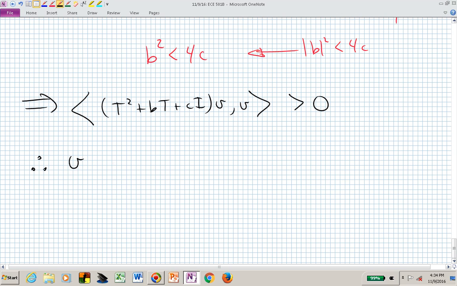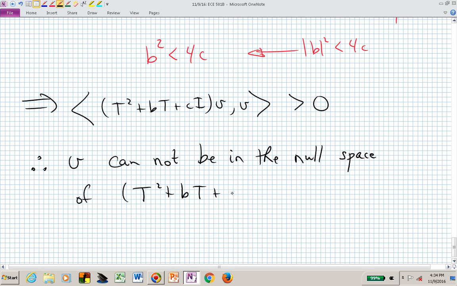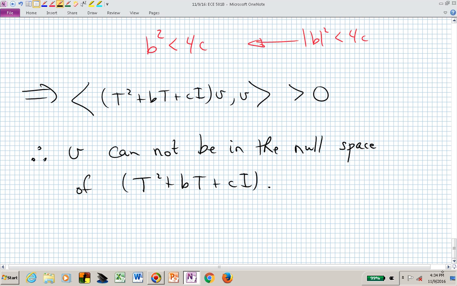Or v cannot be in the null space of T squared plus bT plus cI. And v is arbitrary. So if it's not in the null space, then that operator must not have a null space.